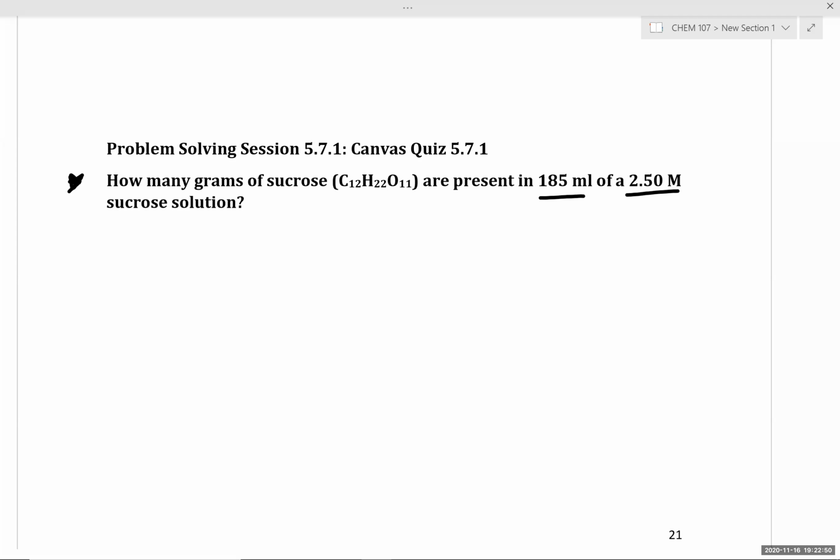And because molarity has units of mole per liter, yes, you will have to end up converting the volume from milliliters to liters. So let's keep working on this example, and we'll discuss in about another 2 minutes. Don't be shy to share any questions or responses that you have in the chat.